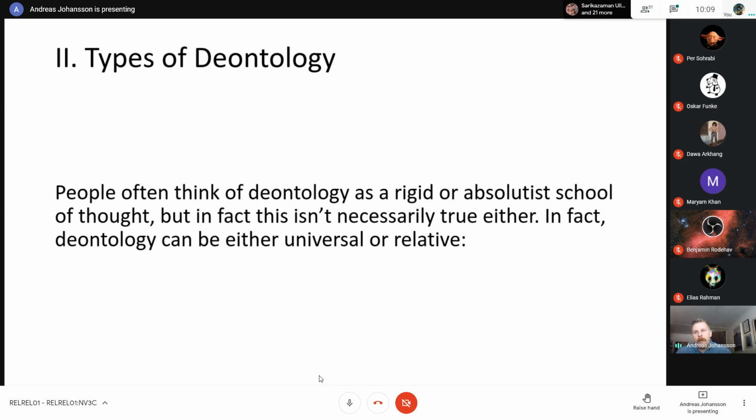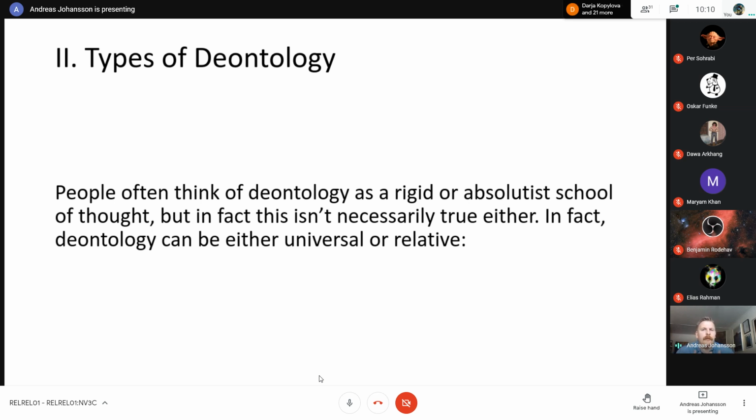But then there are these, you could say, two schools of deontology. And often we think of deontology, or it's at least been presented, through this Immanuel Kantian way of looking at it. Because you could say that Immanuel Kant is basically the poster boy of deontology. That's also why I brought in Ross to this, to make it a little bit more nuanced.